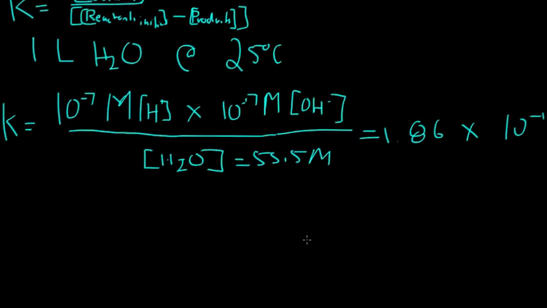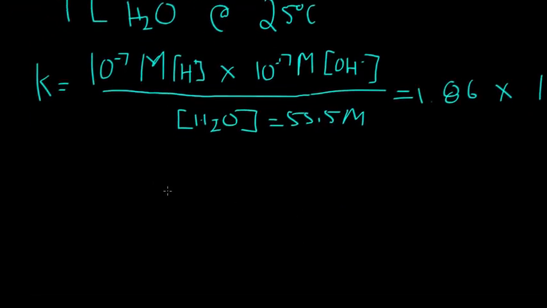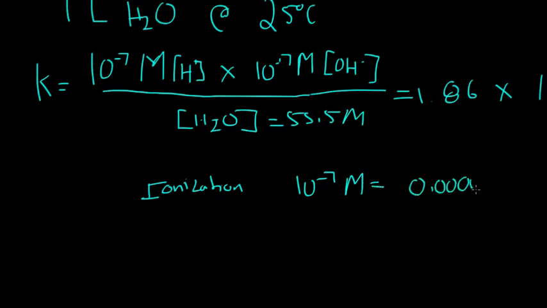Why is that? The reason is that the concentration of the ions is so low that it practically has no effect, and we can prove this. The concentration of the ions is 10 to the negative 7 molar, so it's 0.0000001. And the concentration of H2O is 55.5 molar.